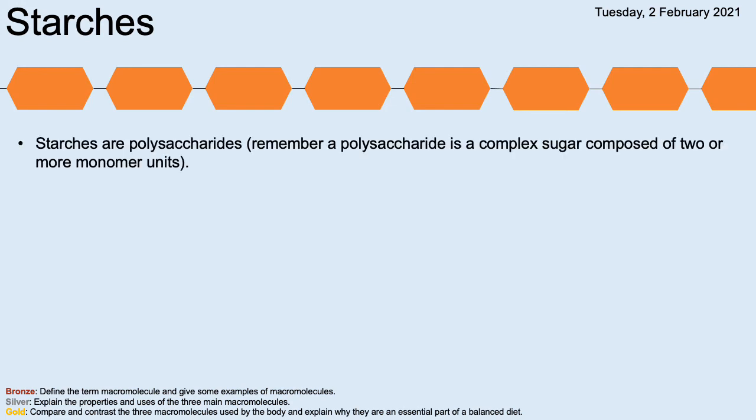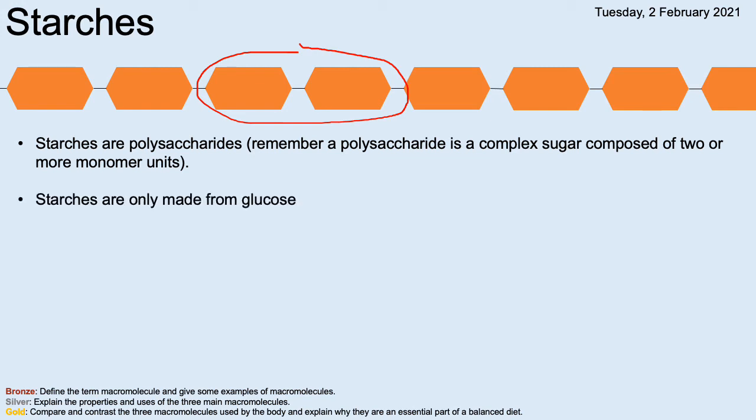So starch is only made out of glucose, unlike some of the disaccharides we just looked at. If you looked at 2 of these, that would be maltose. So essentially it's lots of maltose disaccharides joined together to make starch.